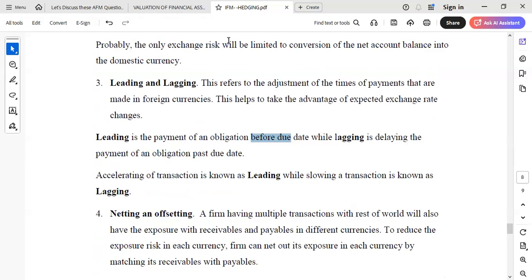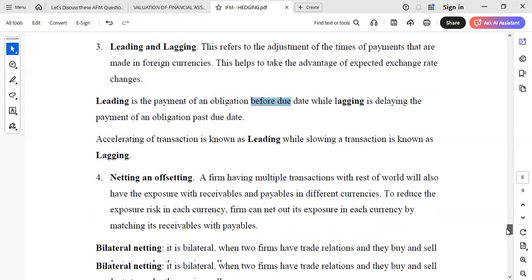Then lagging, you expect that the exchange rate may fall in future, and you benefit as an importer. Then if you predict that, you can delay to make the payment and pay later. That is lagging. Leading, you're paying now before the due date. But lagging, you're delaying the payment so that the time you predict to have favorable rates, you make the transaction around that time.